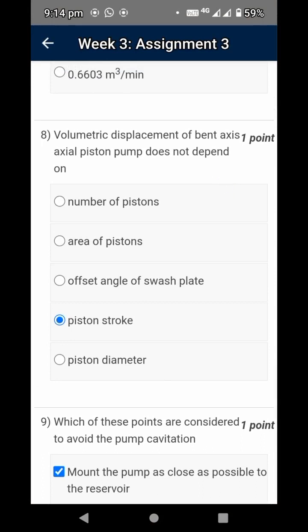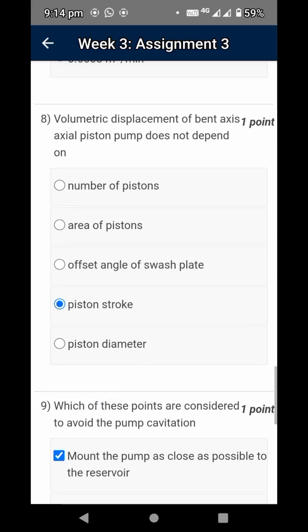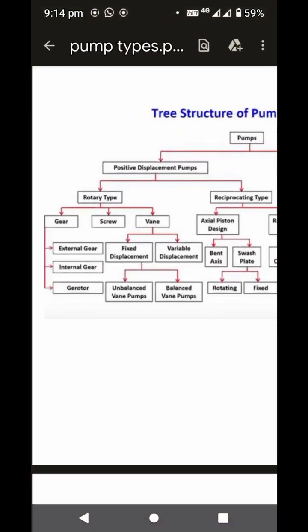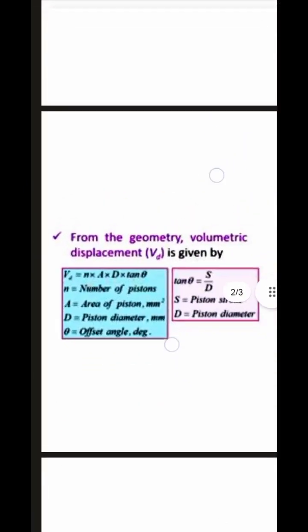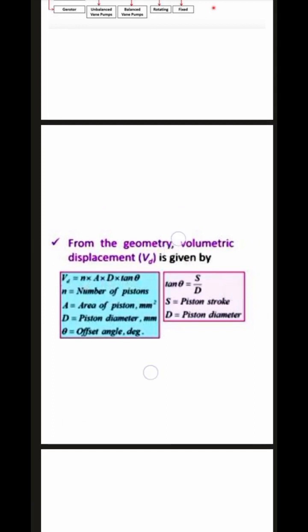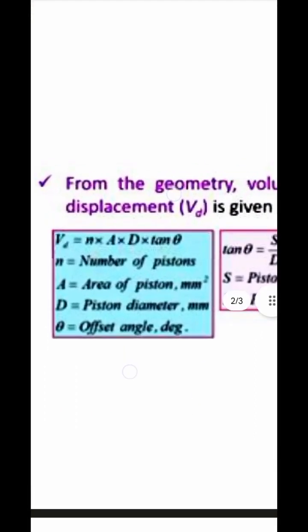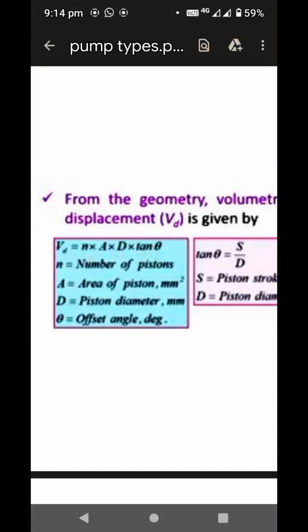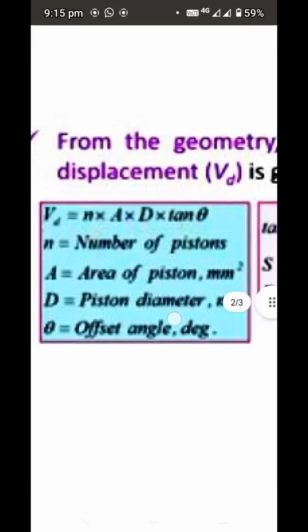Once we know the formula for volumetric displacement for bent axis axial piston pump, we can easily write the answer. This is the formula for volumetric displacement for bent axis pump, which is independent of number of pistons, area of piston, diameter of piston, and offset angle theta.